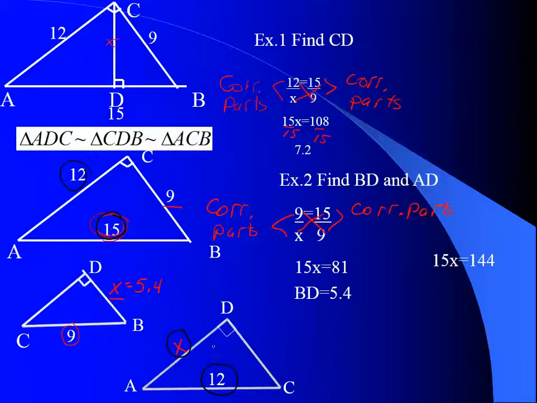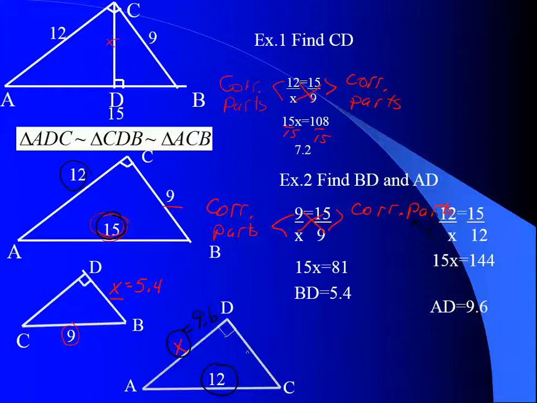Then I put those two fractions together. So 12 and x, corresponding parts again. And 15 and 12. Make a fraction out of those right here. Cross multiply, divide, and you get 9.6.